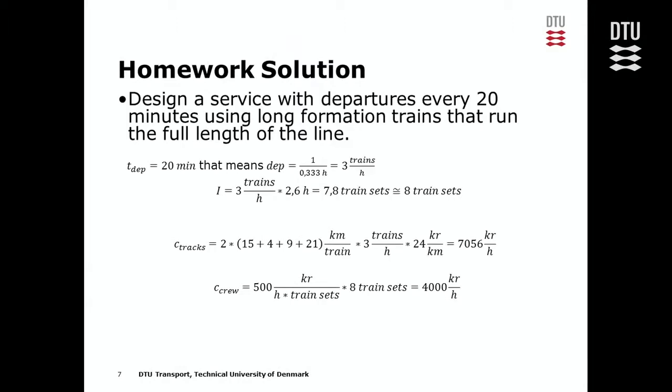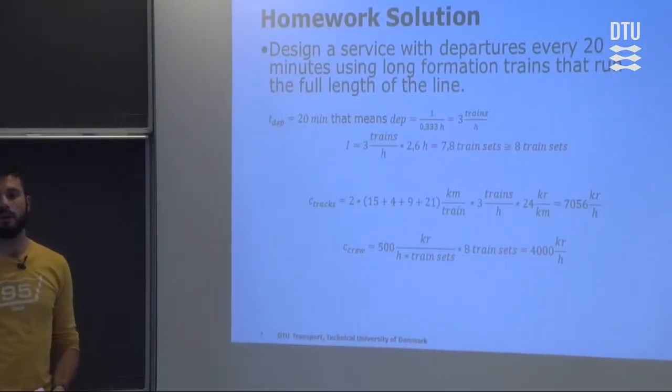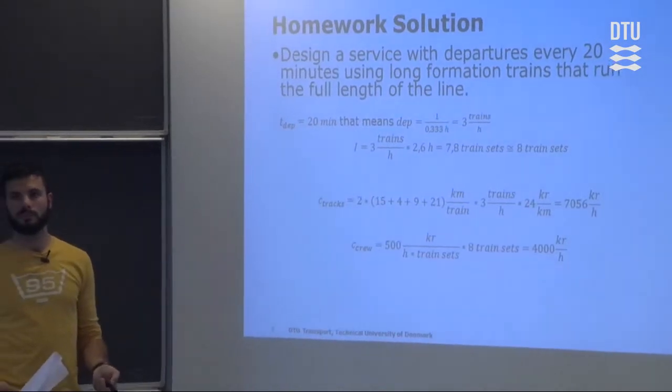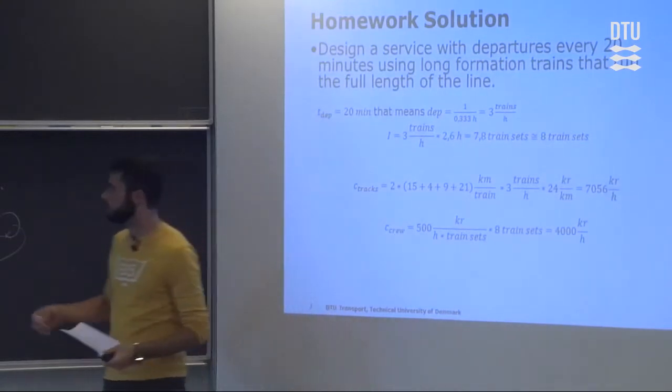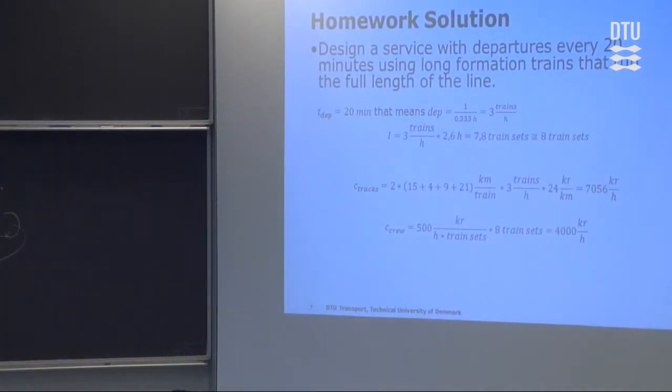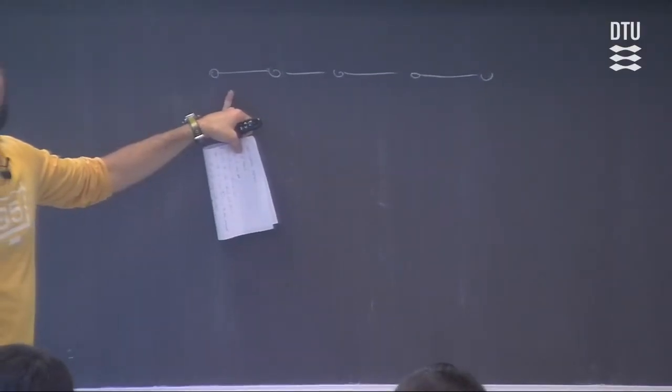Let's go to the first component. There is the track. How many kilometers are we running every hour? We are running all the path, A, B, C, E. How many times per hour are we running this service?